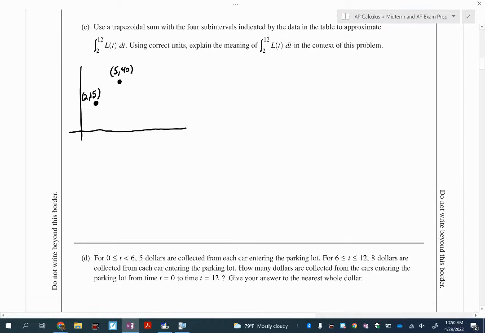After that? 9 and 24. The one after that? 11, 68. And then the last one was 12, 18.